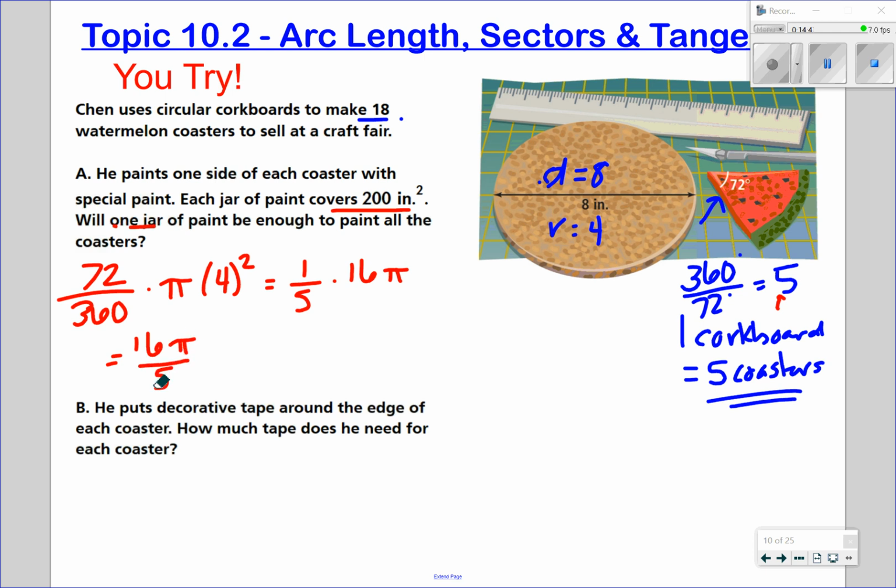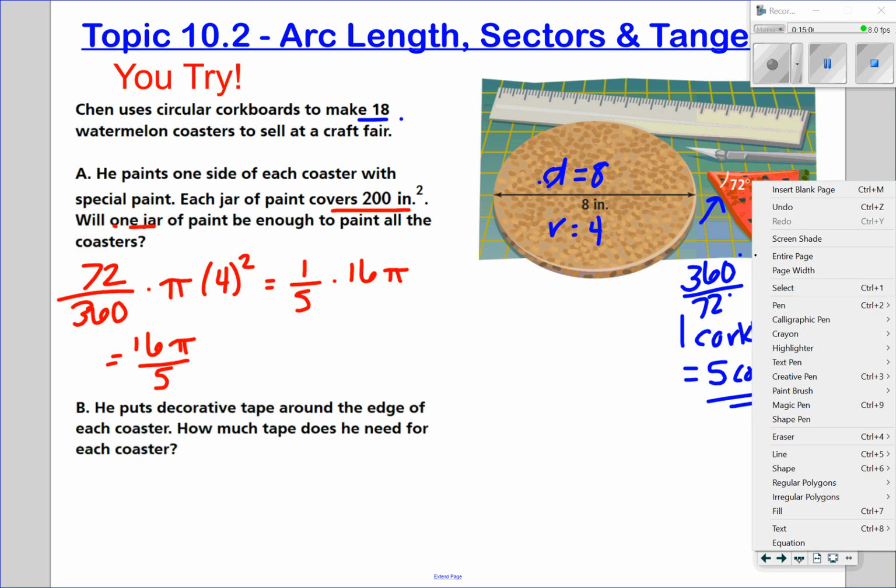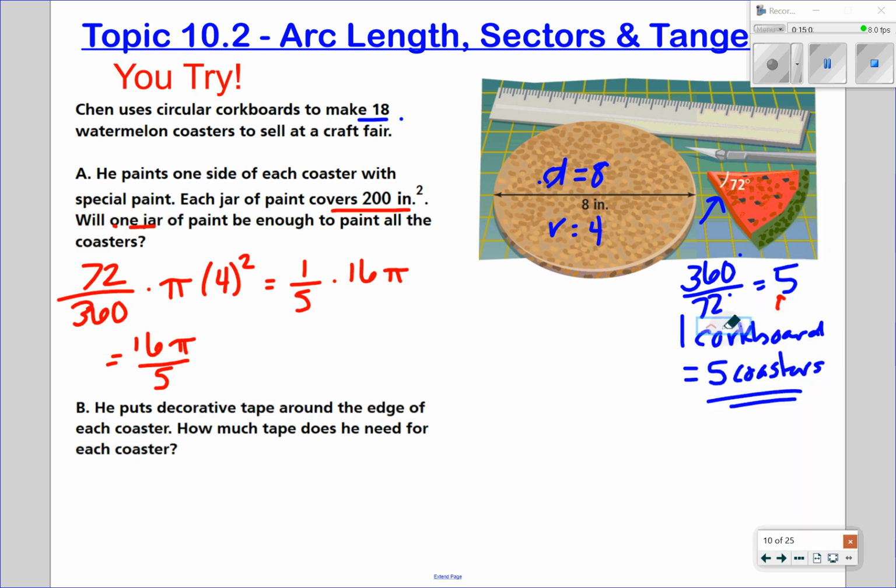But notice, this is the area of one coaster, and I didn't round this number because they want to know how much he needs to cover all of the coasters. Since he's not making one, but 18 coasters, I'm going to multiply this exact number by 18. This is why I didn't round, because if I round and my area is wrong, I might tell Chen that he needs more paint when he doesn't.